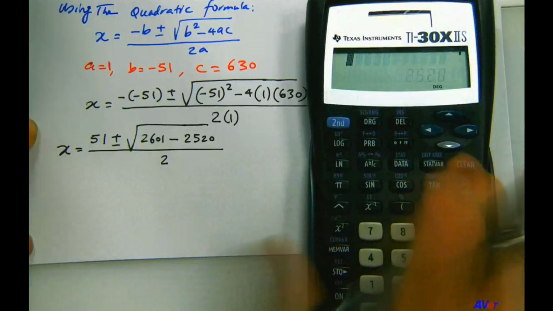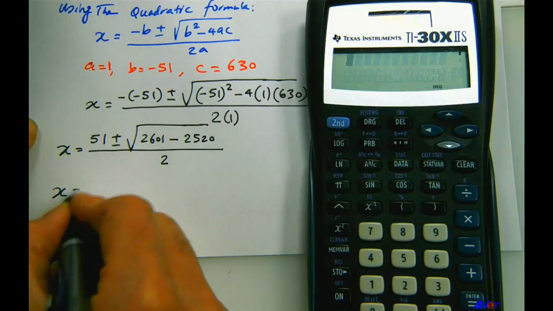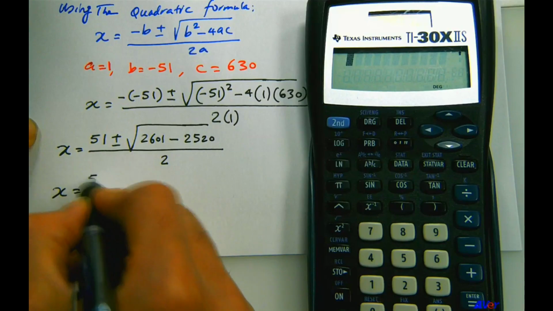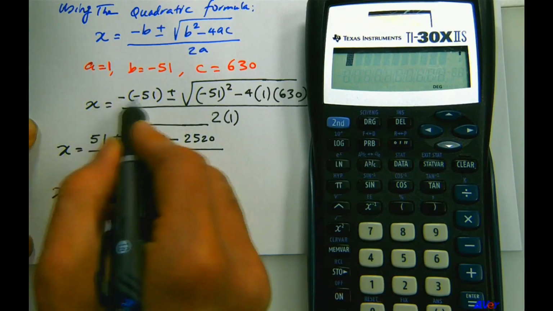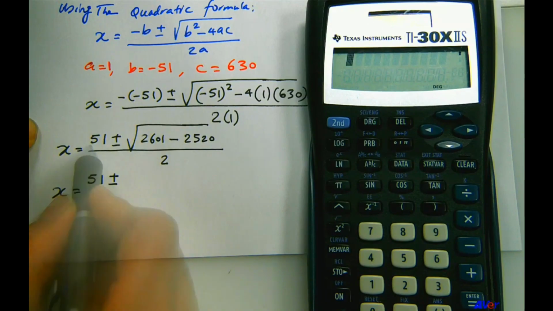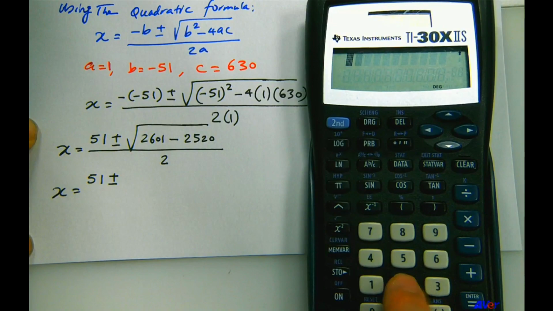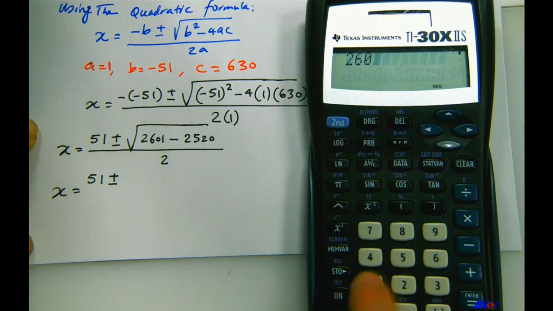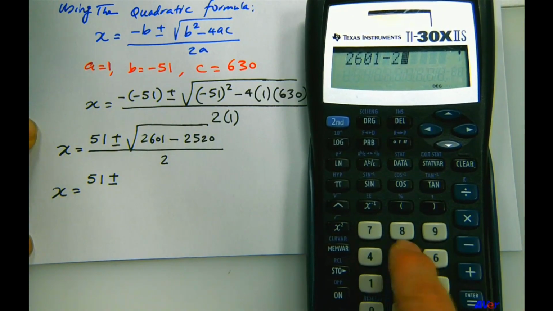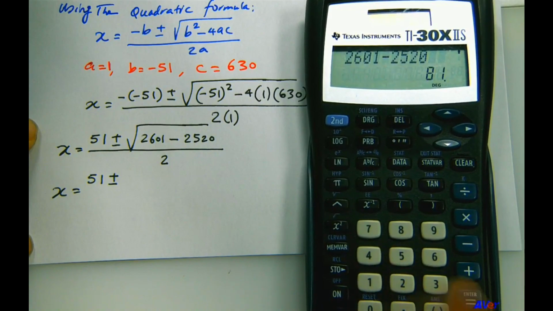So now let's take this one step further. We get x equals 51. So minus 51 made this a positive 51, right? So let's see, 2,601 minus 2,520. We get 81.